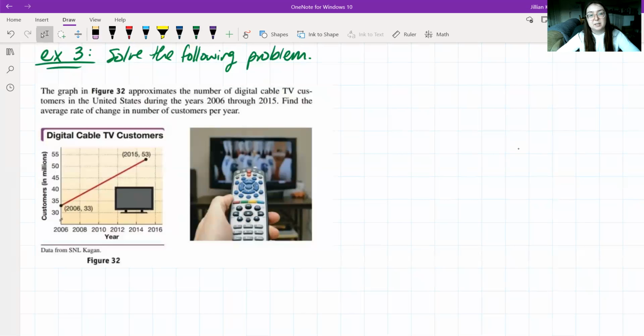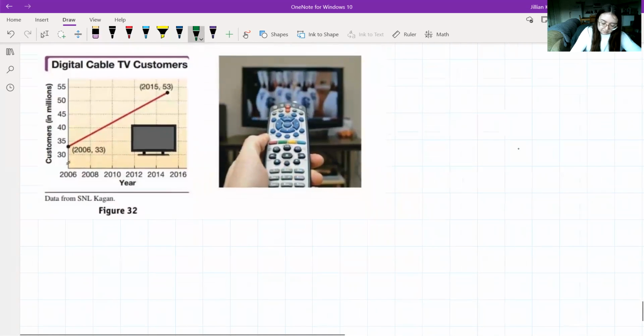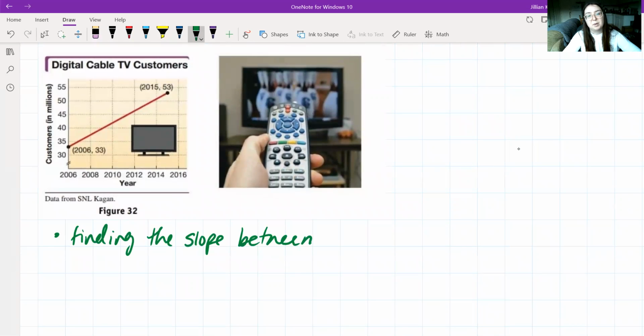We're just finding the slope between two lines. So zooming in a bit here, we can identify we are just finding the slope between 2 points. If I said lines a moment ago, I apologize. We're finding the slope between 2 points.